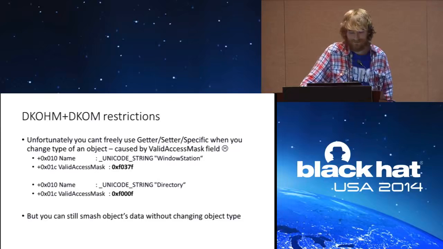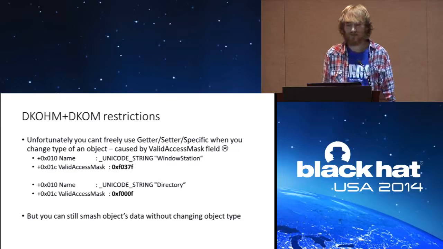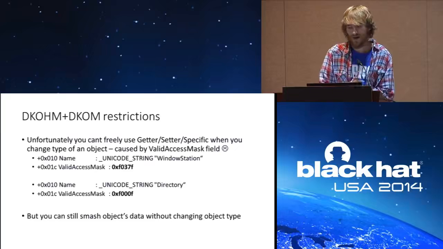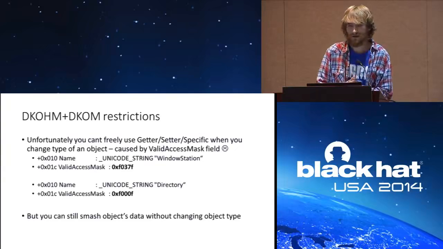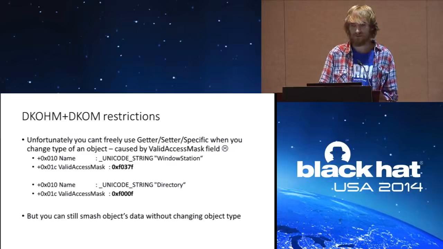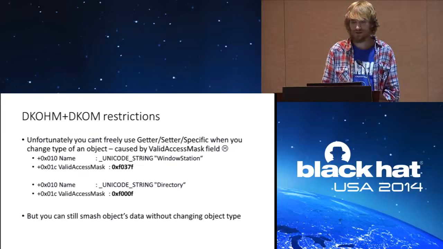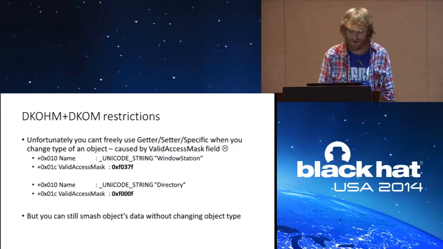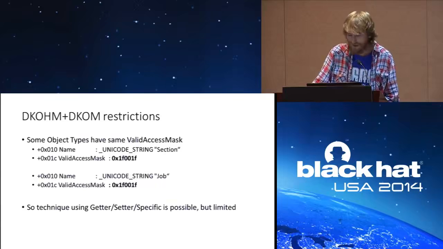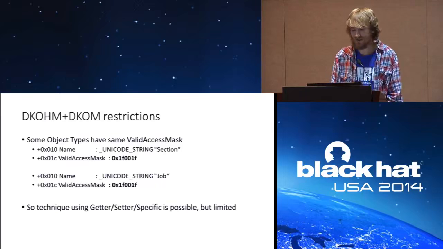But unfortunately, the object type has a field valid access mask, so you cannot freely use this way of accessing the smashed object, because you have to find object types that have the same valid access mask, or just don't change the type, so don't use type confusion, just object data corruption. But the good thing is that some object types do have the same valid access mask, so you can play with that.